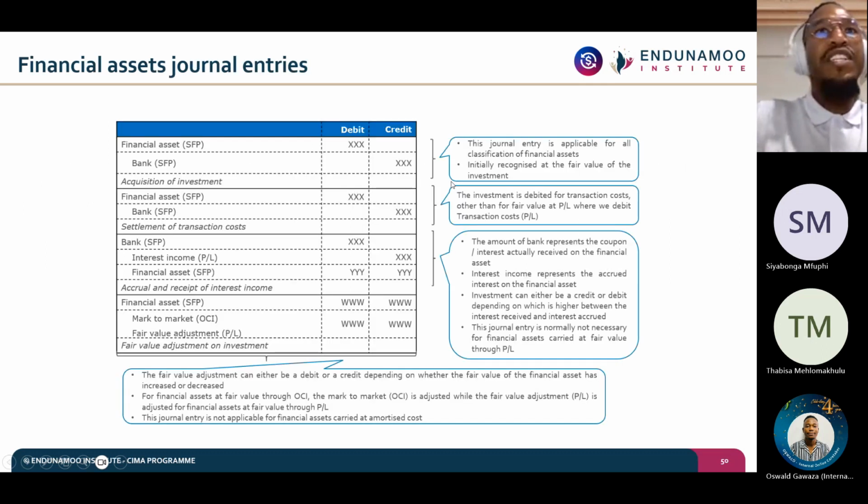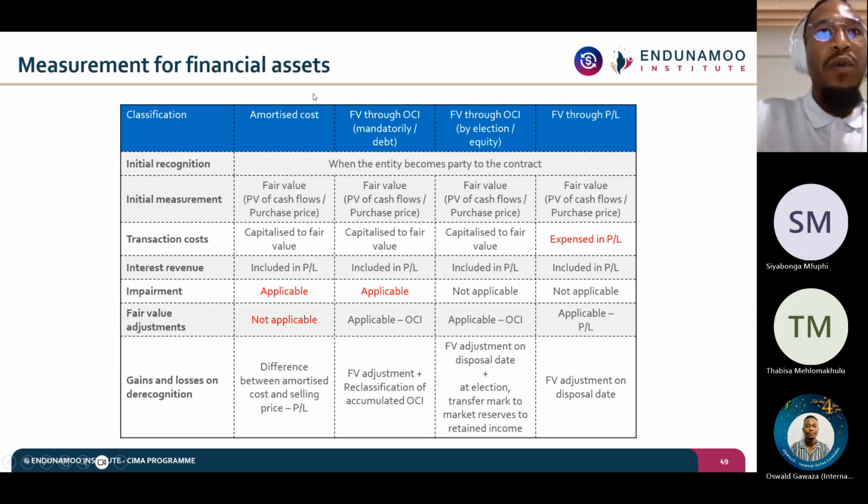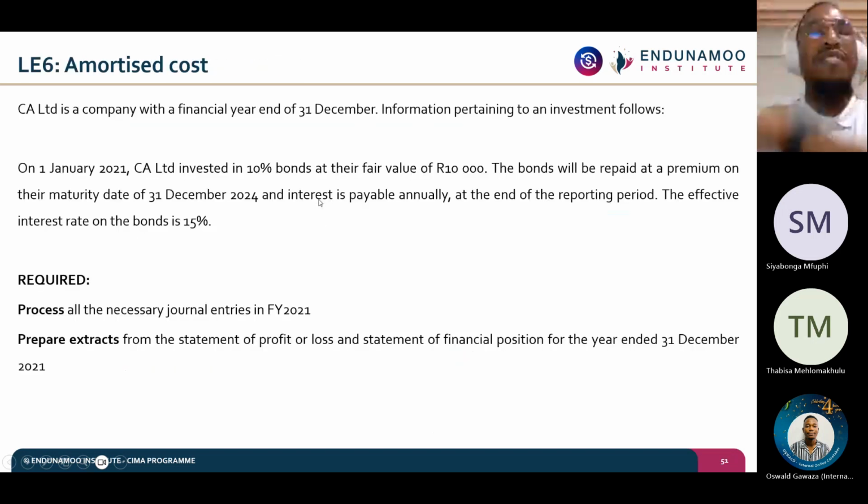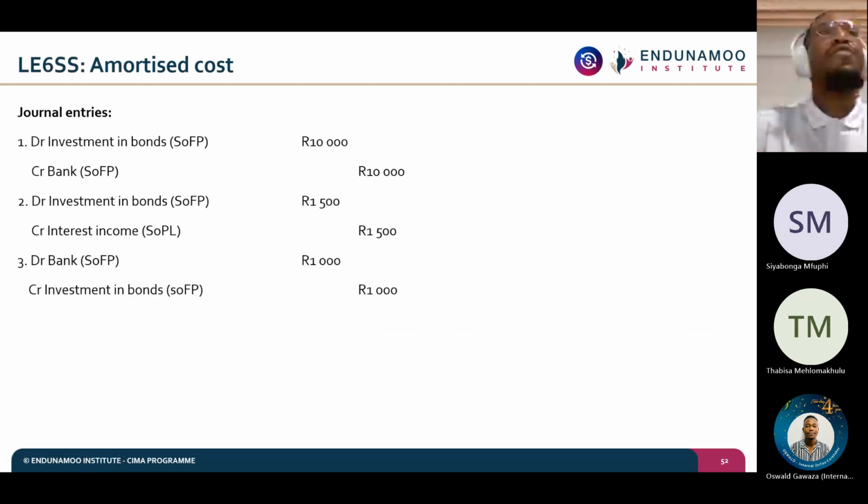So at initial recognition, based off of this table of ours, we know that for every financial asset, when you initially measure it, you measure it at fair value. So because the scenario gave us a fair value of 10,000, we can comfortably say the debit to the investment is at 10,000, the credit is at 10,000 in the bank account.